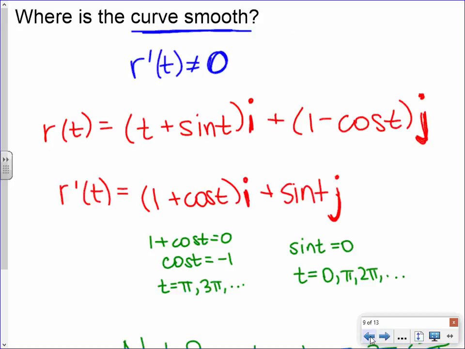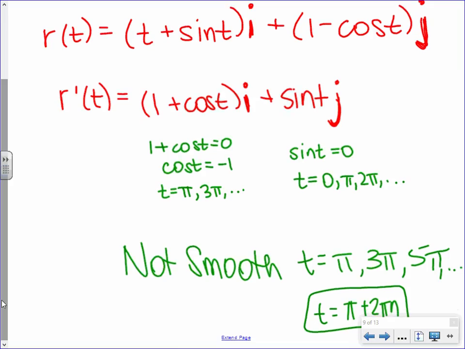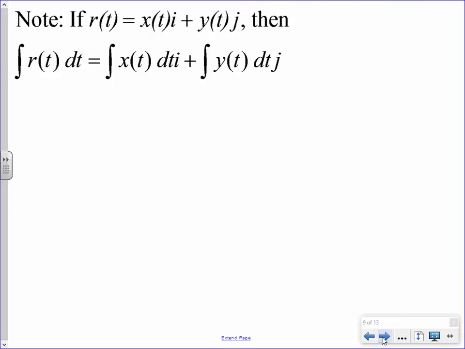To what? Oh, there you go. Okay, so basically, we can take an antiderivative. We would just need to do it with each component separately.